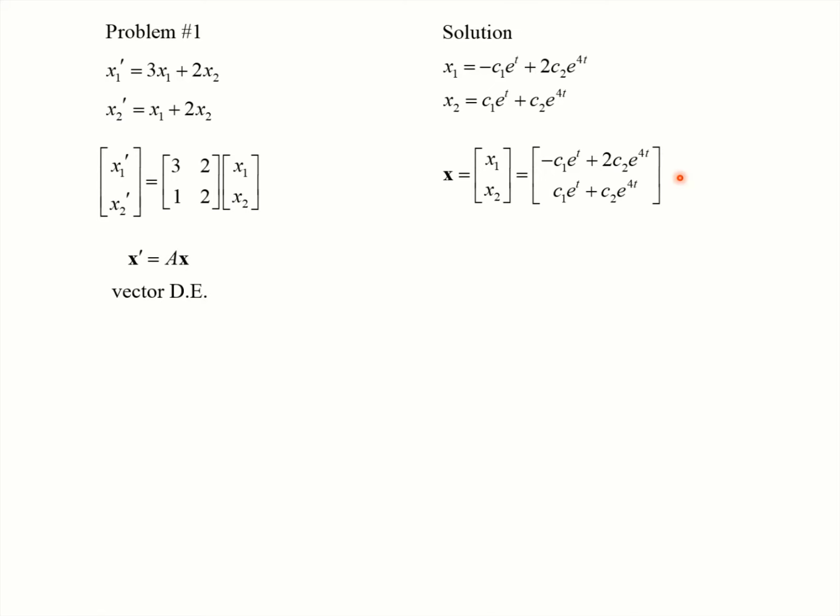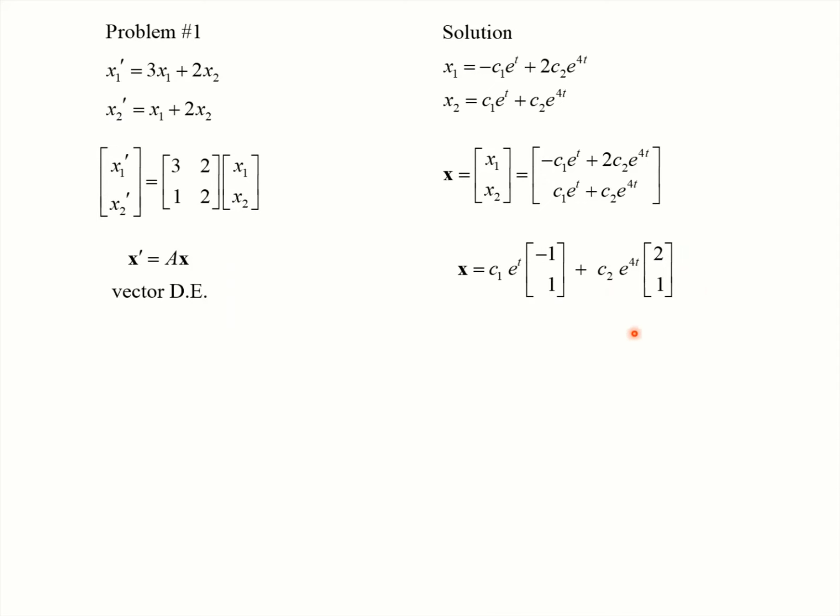So what I'm going to do is going to trip some of you out. I'm going to split this matrix up. I'll put my e to the t's in one matrix and my e to the 4t's in another matrix, and then I'll even factor them out. So I'm doing some matrix algebra here, and I end up getting C1 e to the t times (negative 1, 1), plus C2 e to the 4t times (2, 1).